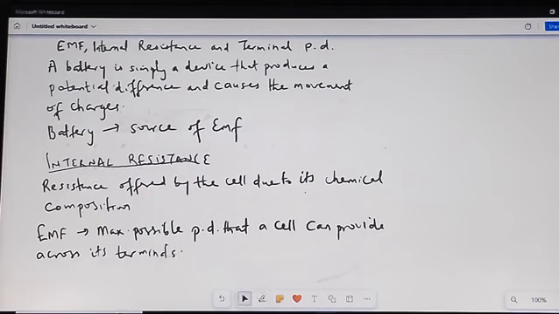We can also define the EMF of a cell as the potential difference of the cell when it is not delivering any current to an external circuit.